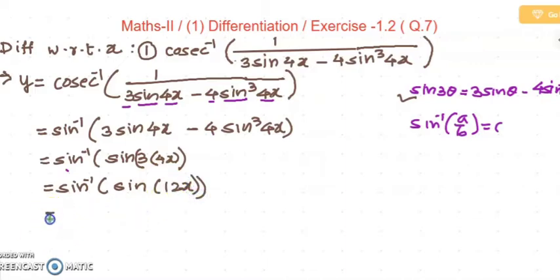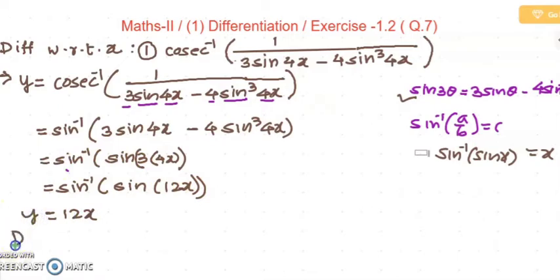Which means again another property: sine inverse of sine x is just x. So sine inverse of sine 12x is just 12x. So y is equal to 12x.